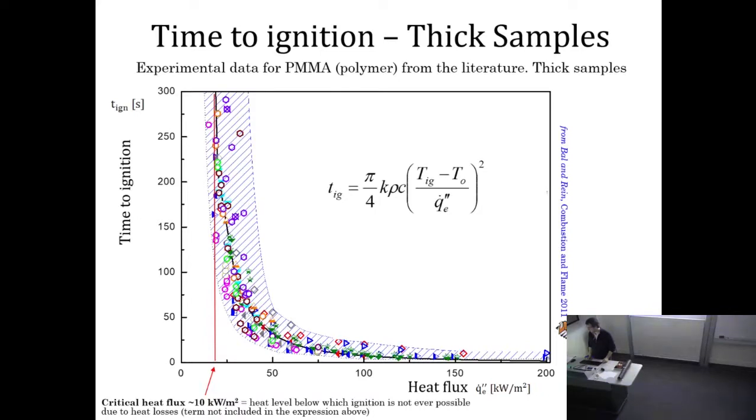These are experimental dots, and the black line in between, which follows very nicely the curve from many different authors, is the theory that I told you. It's a very simple heat transfer theory. It doesn't even have much combustion or fire within it, and it predicts beautifully these experiments of radiation on a polymer.